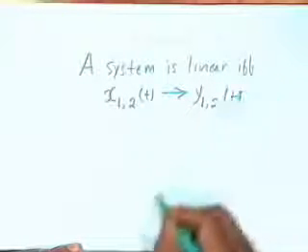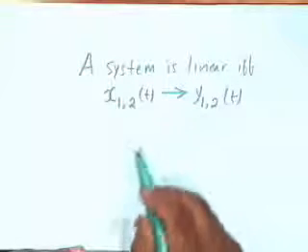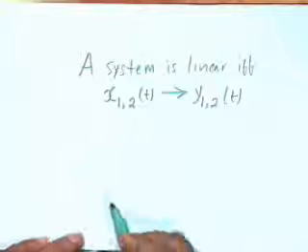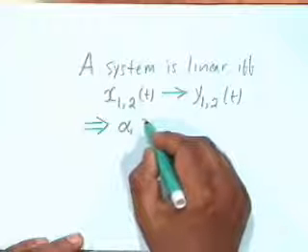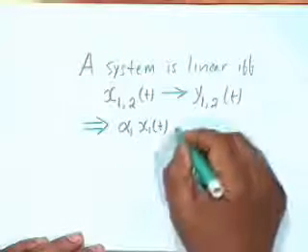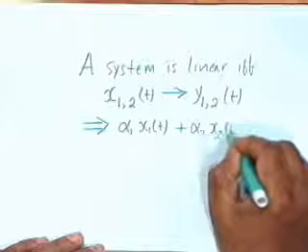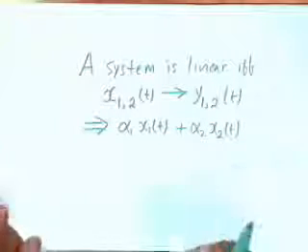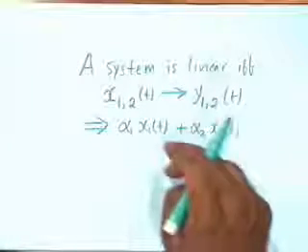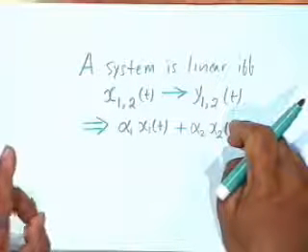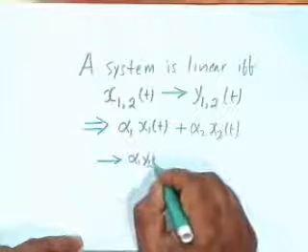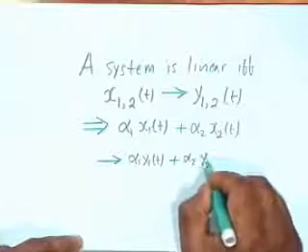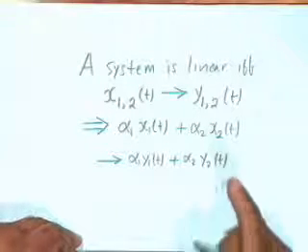This means that x1 leads to y1 and x2 leads to y2, implies that alpha1 x1(t) plus alpha2 x2(t), an input that contains a superposition of x1 and x2 and also a multiplication by two arbitrary constants alpha1 and alpha2, should lead to alpha1 y1(t) plus alpha2 y2(t). If this is not obeyed, then the system is nonlinear.